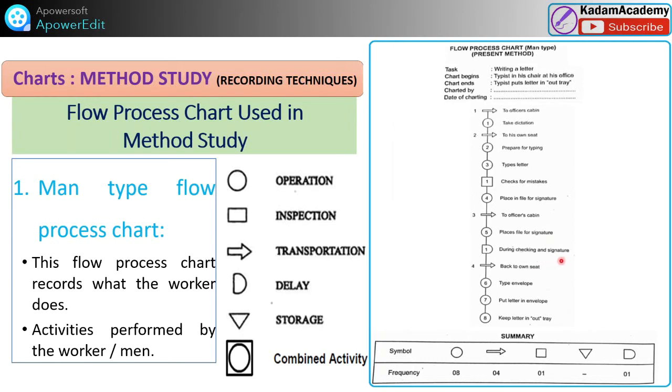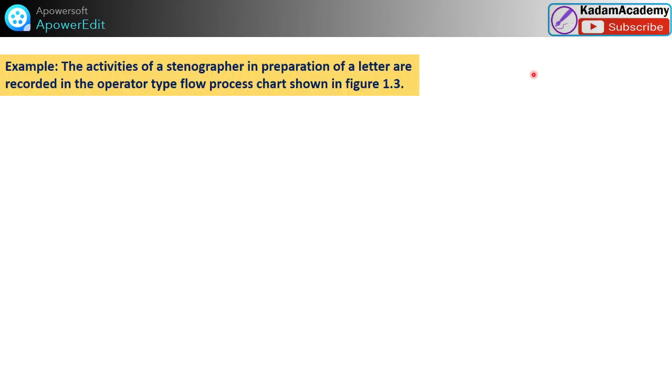During checking of the signature, that is a delay. Then read it, clear the type, put the letter in an envelope, and keep the letter in the out tray. These are the symbols and this is the frequency. This is the operation, this is the transportation, this is the inspection, and these are the various symbols, storage and delay. Storage is not there because our task is writing a letter. The man type.